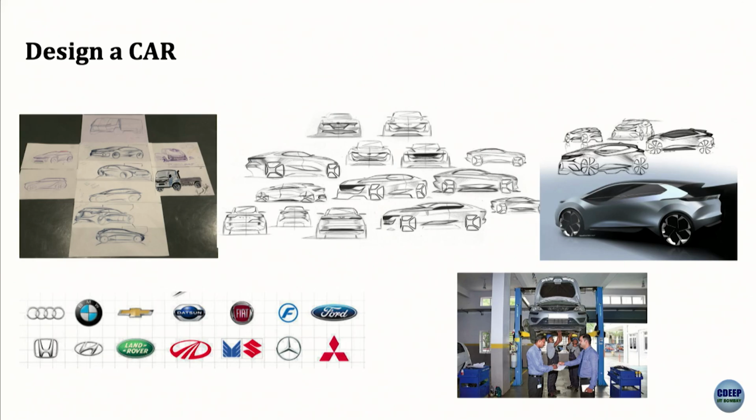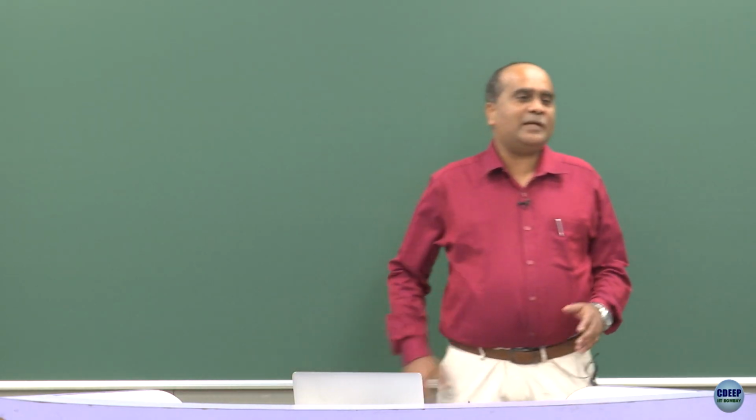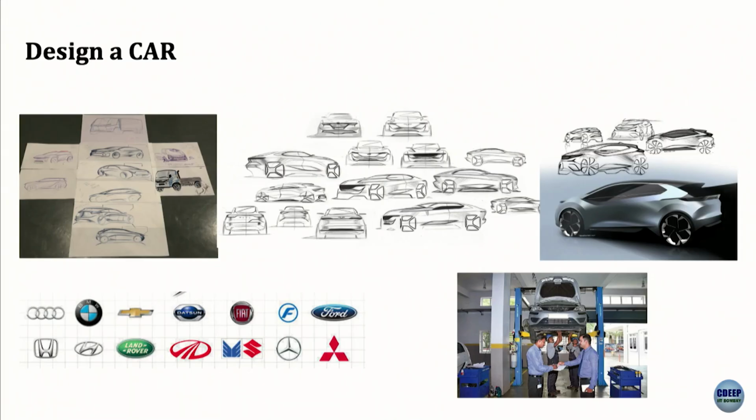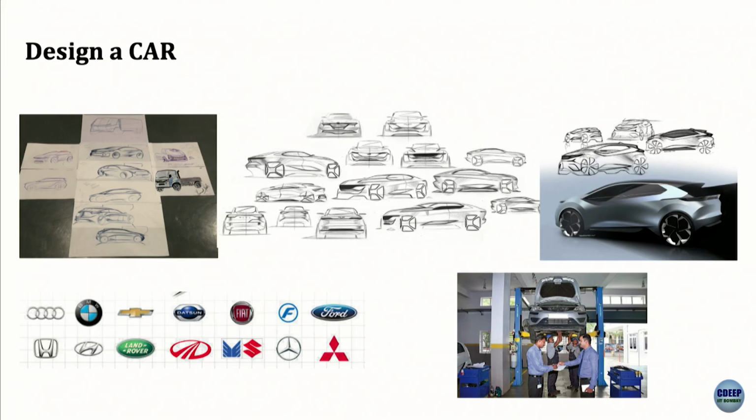So, we are going to design a car. How are we going to do that? Designing a car, like developing a drug, as I said, is more difficult than making a satellite to send to the moon. So, I am just starting with designing a car. First you make various designs on paper, looking at stability, looks, and how it looks.